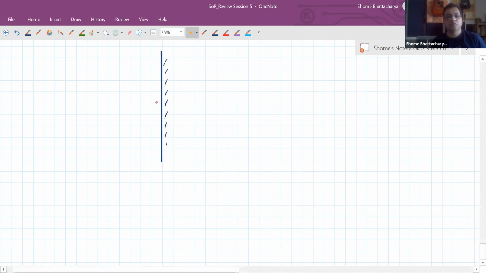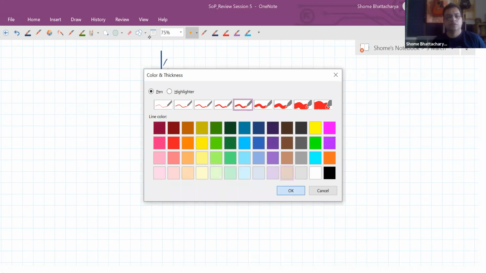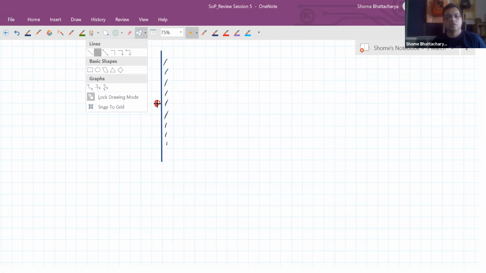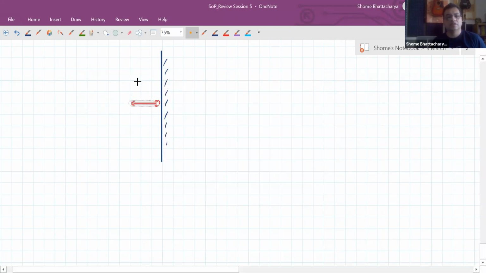After impact, the particle has a velocity in this direction.